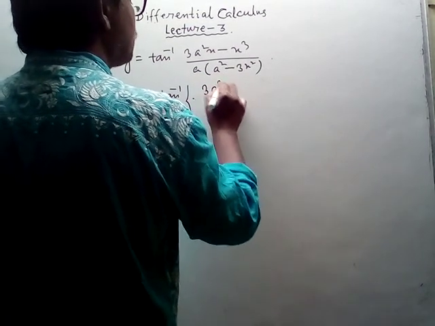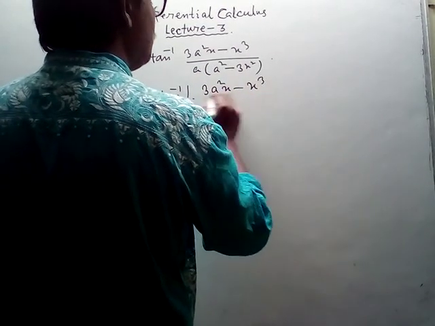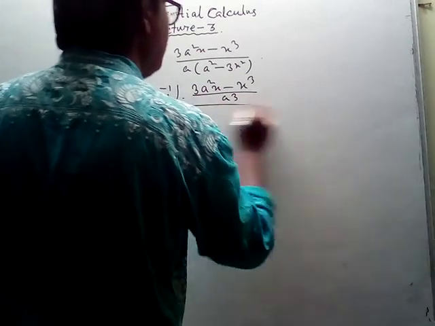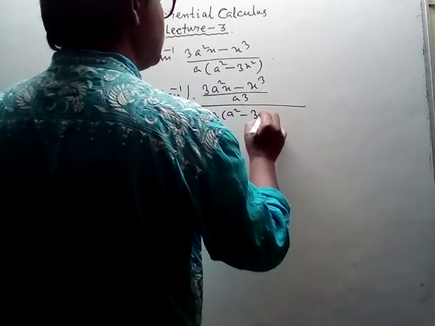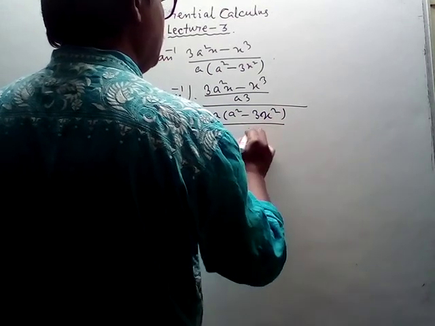So 3a square x minus x cube by a cube, divided by a cube minus 3a x square by a cube.